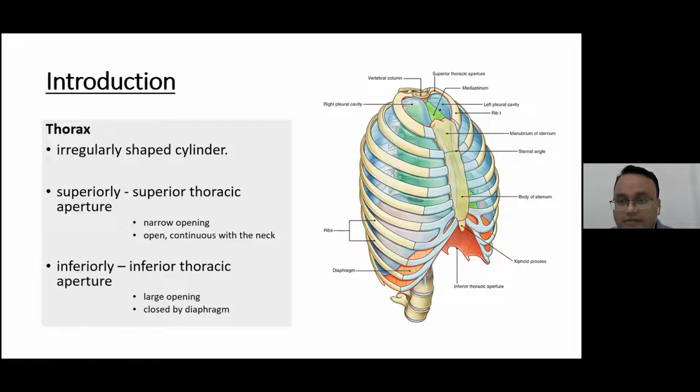We are talking about this structure over here, superiorly over here, which is the superior thoracic aperture, or also known as the thoracic inlet. Now, this is an open structure in which it is continuous with the neck. Whereas, when we talk about the inferior thoracic aperture, we are dealing with a closed structure. And this structure below here, we'll talk more about them later, is enclosed by the diaphragm.